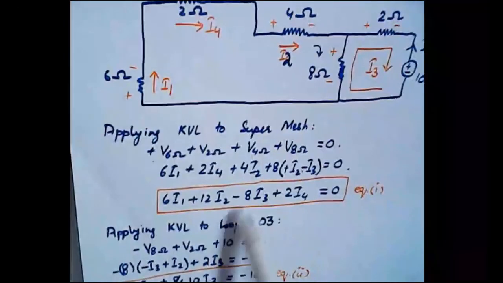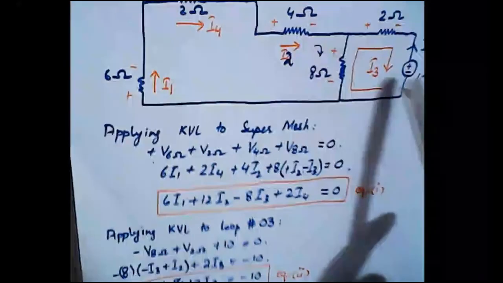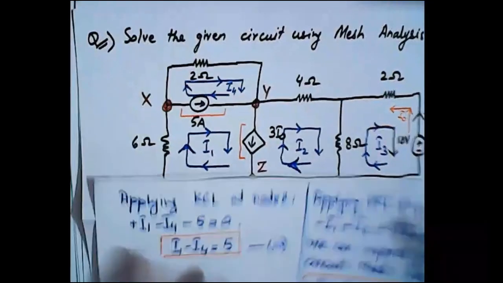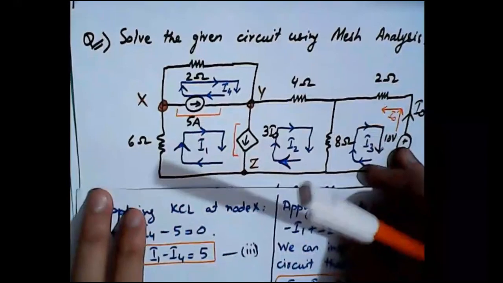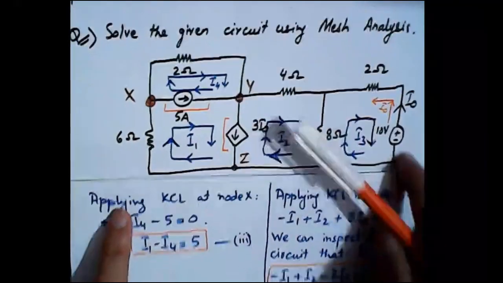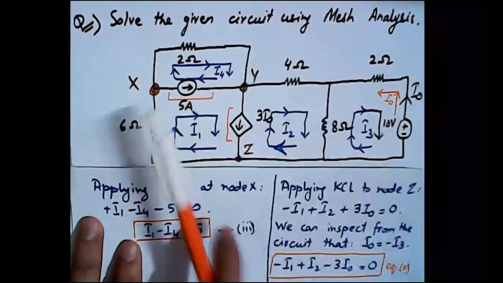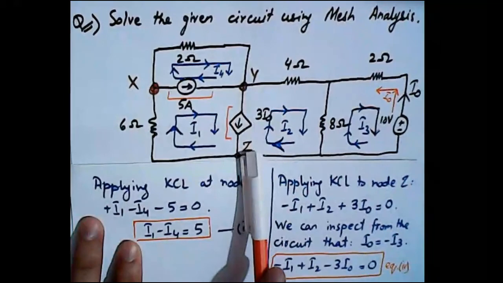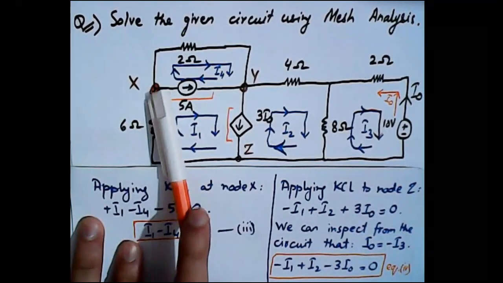We applied KVL to this super mesh and then to loop number 3, and then we came back to the circuit, and since we were short of 2 equations, we decided to find those equations with the help of KCL at the nodes.